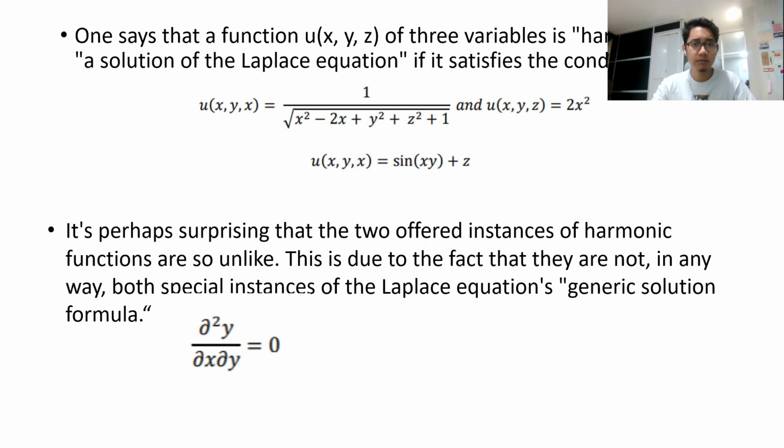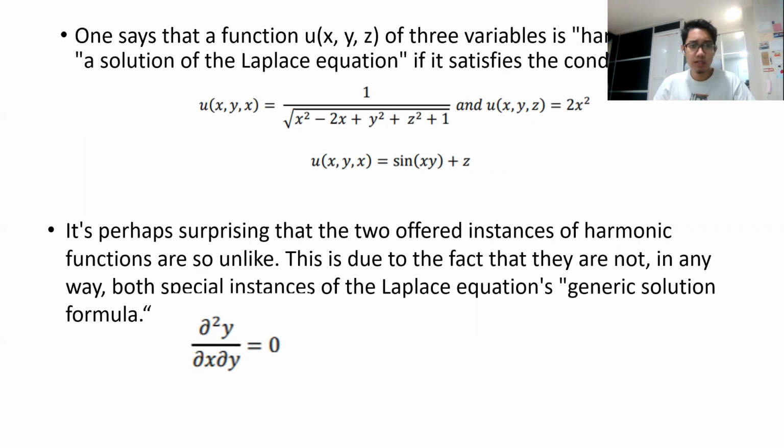We say that a function u(x, y, z) of three variables is harmonic, or a solution of the Laplace equation, if it satisfies the condition. So here we have u equal to 1 over the square root of x squared minus 2x plus y squared plus z squared plus 1, and u equal to sine xy plus z.